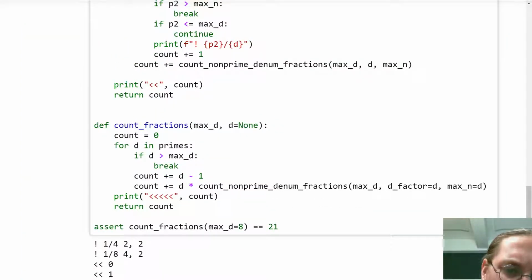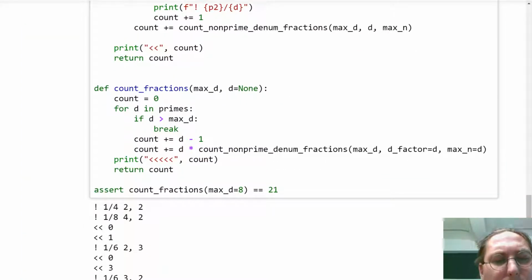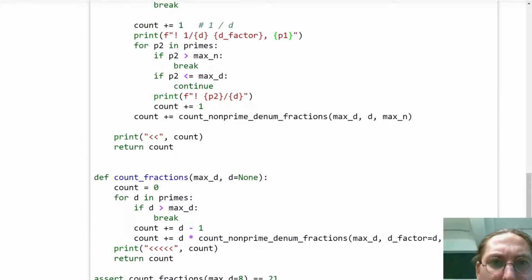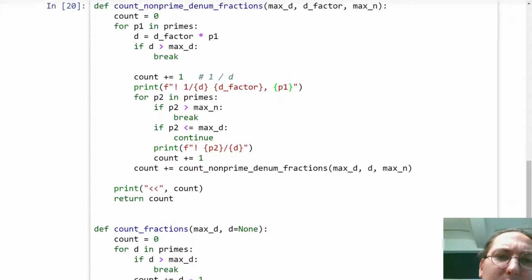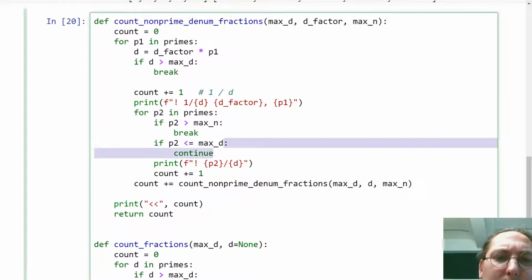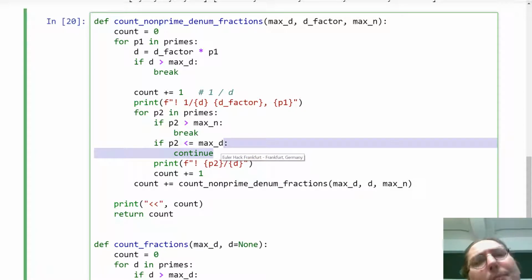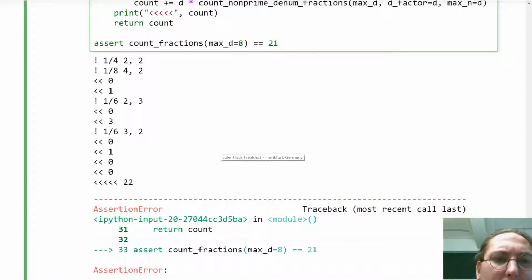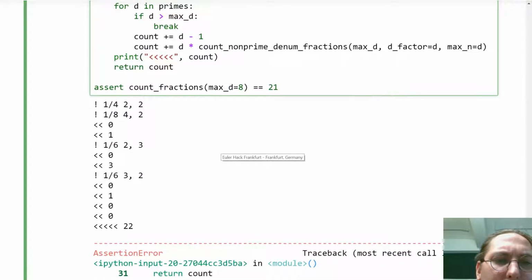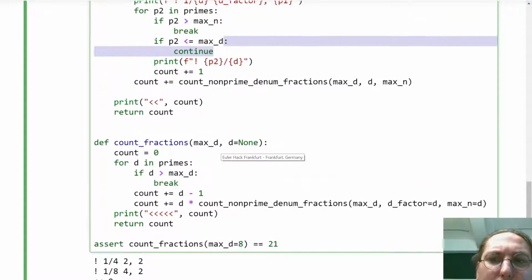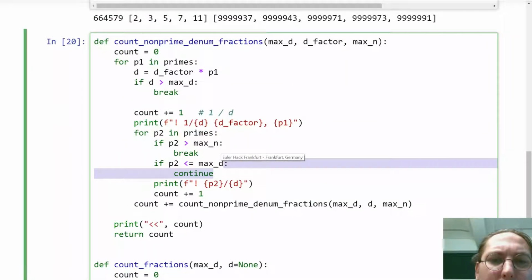So I'm doing 1/6, 2, 2, 3, and 3, 2. Oh, 2 times, yeah. So I think this should not be that difficult actually.